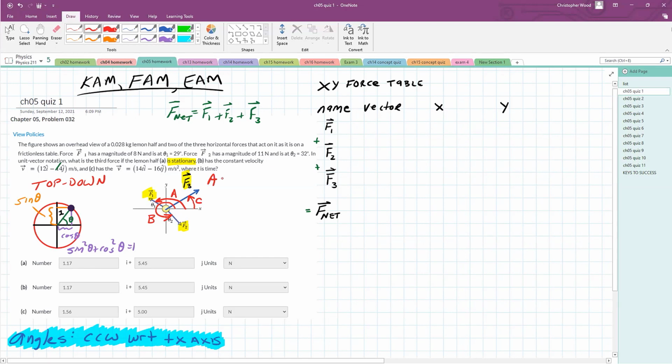Angle A, let's just write values. Angle A, using my numbers, is going to be 180 minus theta 1, and my theta 1 is 29. So make sure you get your angle A. My angle A is 151 degrees.